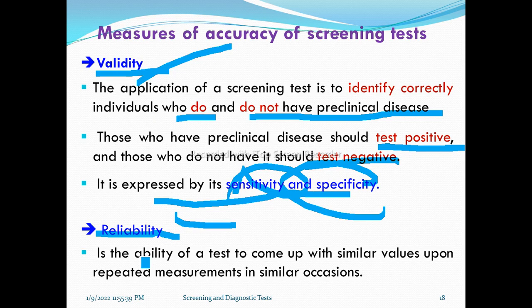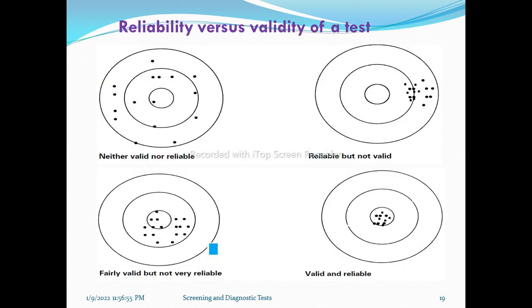So the value we have got from repeated measurement should be similar. This is known as reliability or repeatability or precision. Now when we are comparing reliability and validity, this one is neither valid nor reliable. So this is the target area. If you have got the target area, we can say valid.